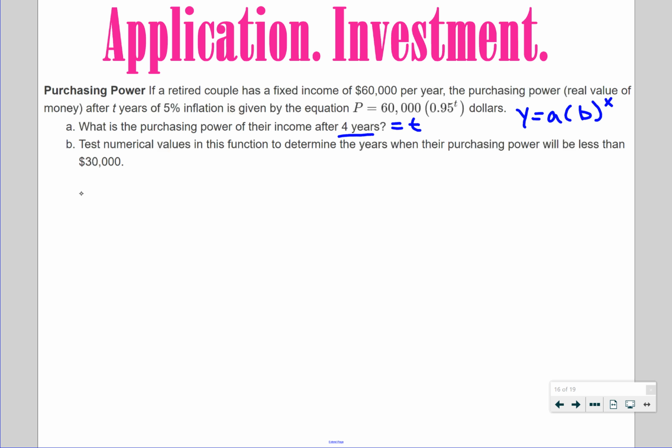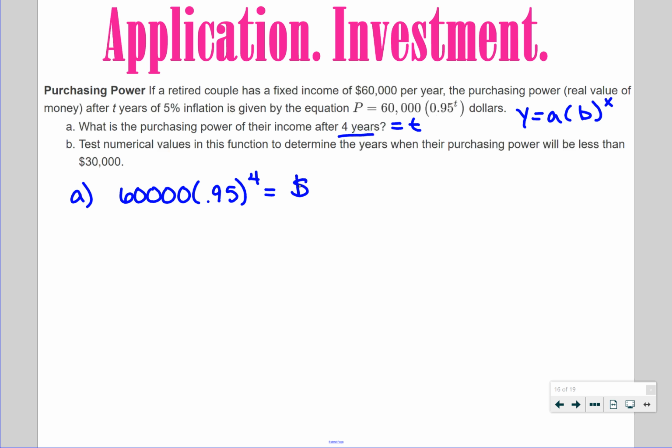So all we're going to do is plug 4 into our equation, 60,000 times 0.95 to the 4th power. I always put it outside the parentheses, but you'll notice this book and my math lab sometimes like to put it inside the parentheses. You're just going to type this in your calculator, 60,000 times 0.95 to the 4th power.